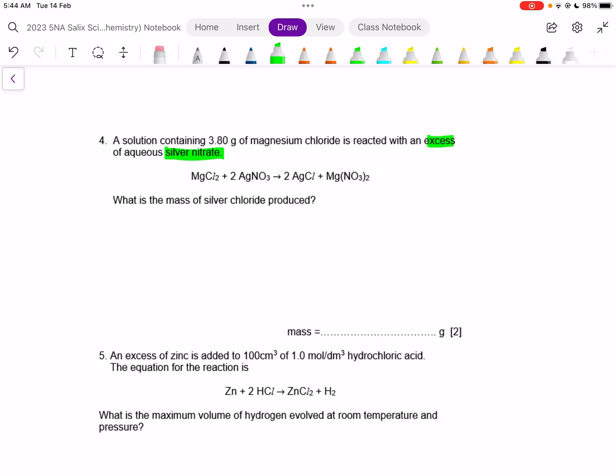Excess is silver nitrate, so that means magnesium chloride, I hope you know the formula, MgCl2, is actually the limiting. Silver nitrate is actually the excess.